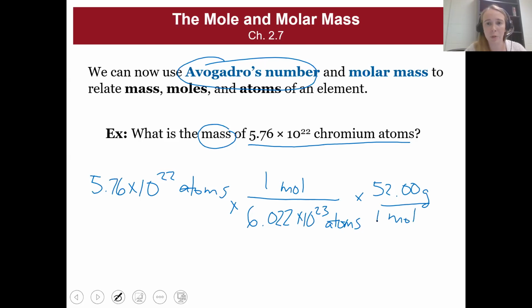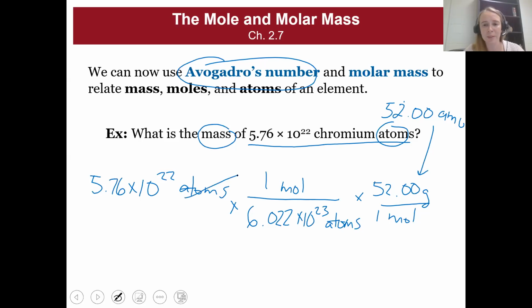Because when I looked it up on the periodic table, I found that an atom of chromium is 52.00 atomic mass units. So I looked at the average atomic mass on the periodic table and then converted it to grams per mole so that we can use our practical measurement of mass in grams.